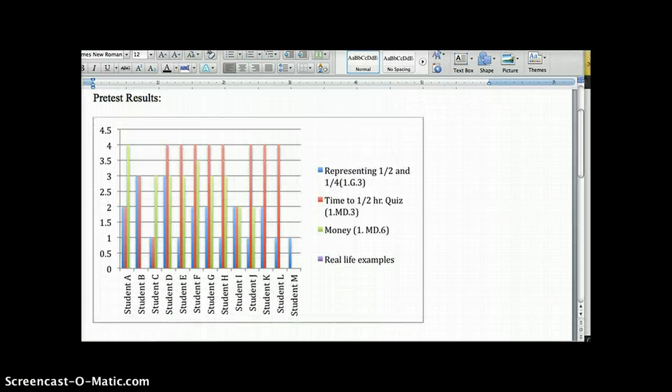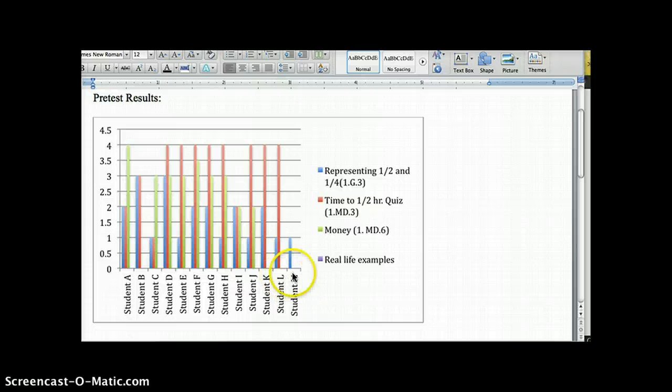Because I didn't get very detailed results, even though I had suggested using time and money and as many different examples of real life as they could think of, I really didn't get anything other than shapes divided up into 1/2 and 1/4.